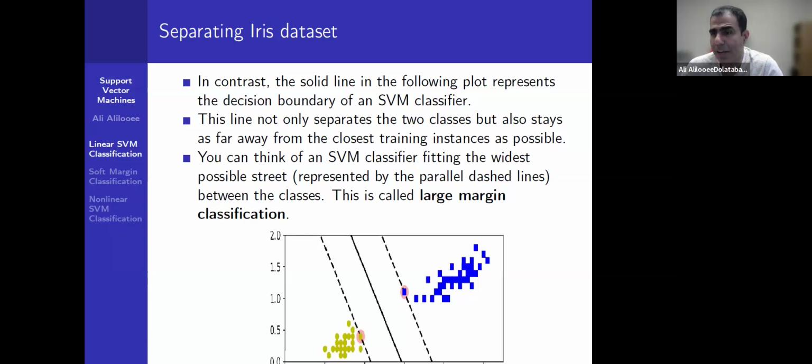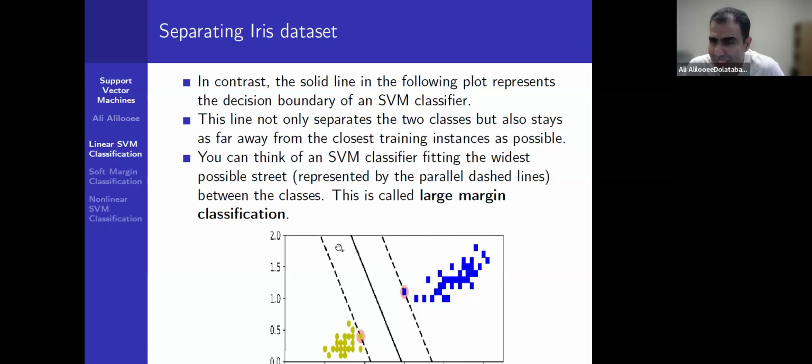You can think of an SVM classifier as fitting the widest possible street. By street, I mean the region between these two dashed lines, between the classes. This is called large margin classification. It is important to understand this at the beginning of the SVM concept.